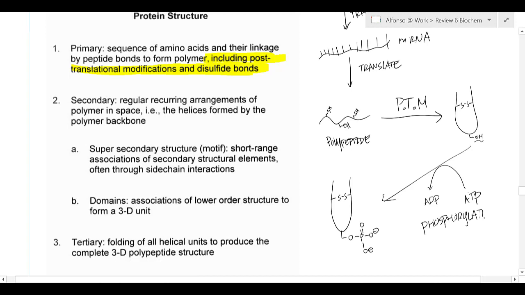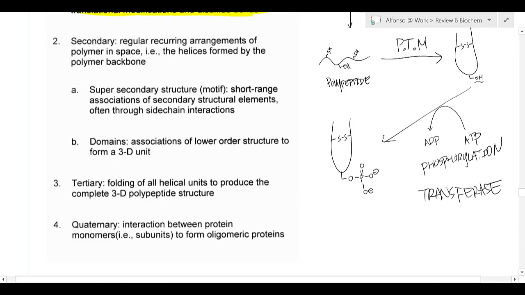What type of enzyme does phosphorylations? A kinase. But what is the enzyme classification of those enzymes? What is the classification of an enzyme that transfers one phosphate to another molecule? Transferase. What is the enzyme classification for transferases? The number. Good job. Number 2.